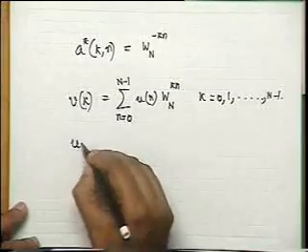Now I should be able to do the reverse transformation also. What should be the reverse transformation expression? I think you can tell me what is going to be the expression for un, please.